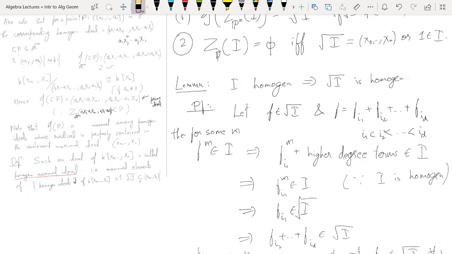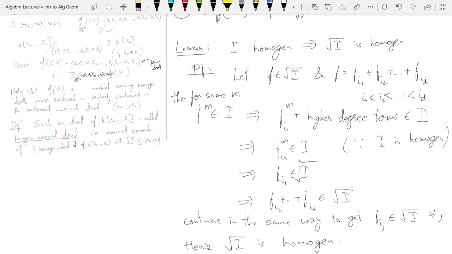That tells you that f_{i1}^m belongs to I, because that was one of the characterizations of a homogeneous ideal. So we are using the characterization. What we'll show is that f_{i1}, f_{i2}, etc. belong to the radical of I. We already got that f_{i1}^m belongs to I, so f_{i1} belongs to the radical of I.